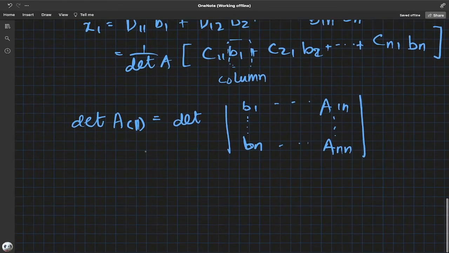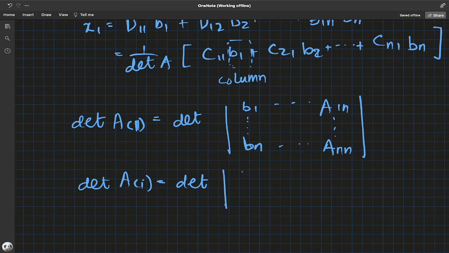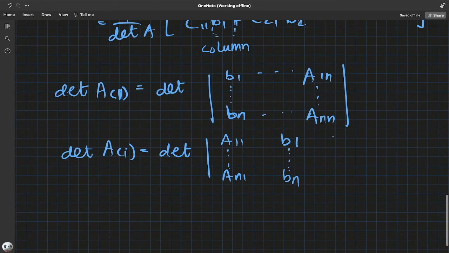We can generalize this for an i, so this is at the ith column position.